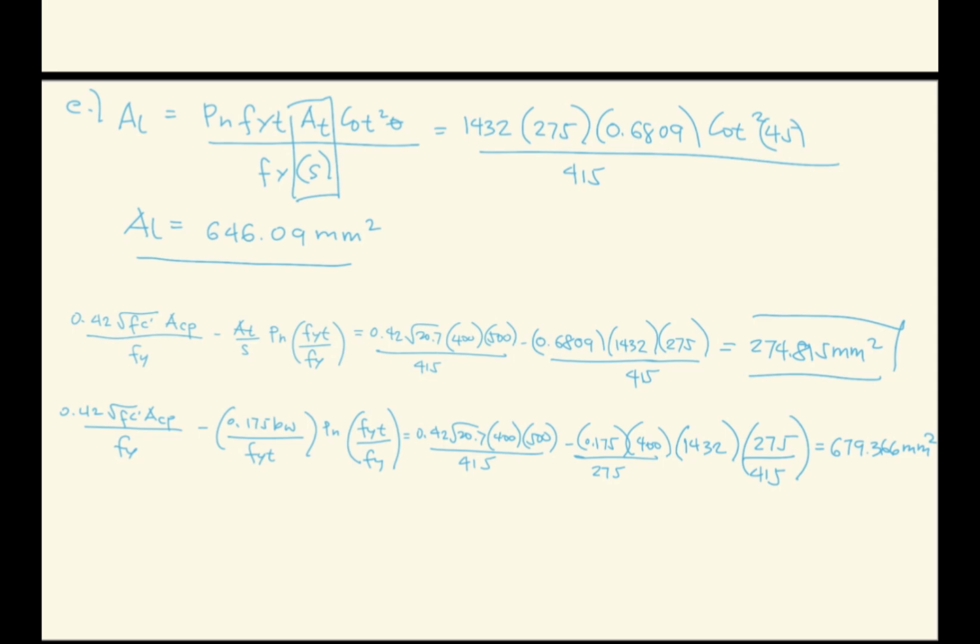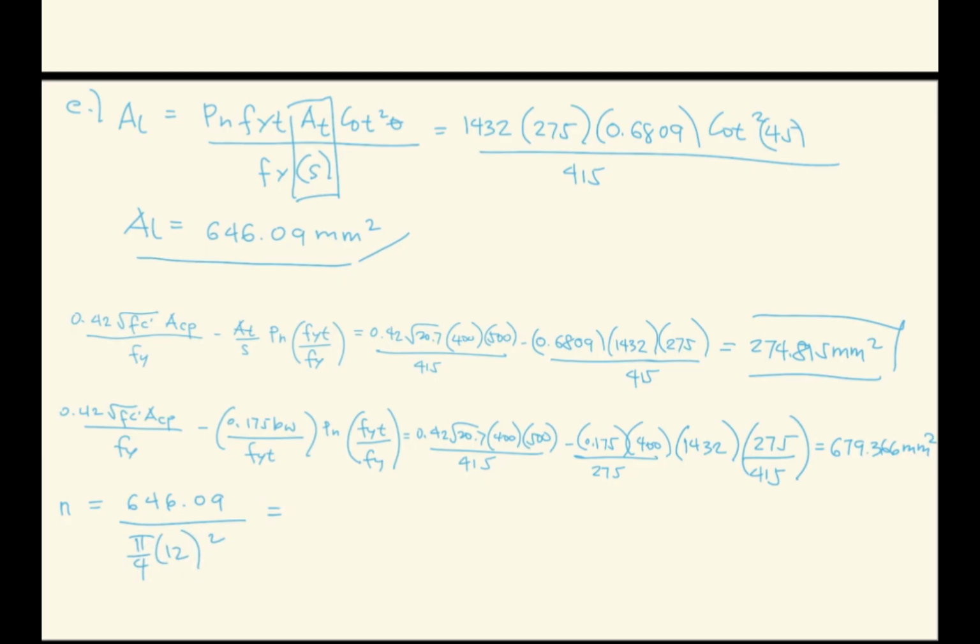And this lesser value will be compared with the earlier determined value of Al, which is 646.09. Hence, the number of additional longitudinal reinforcement to resist torsion would be 646.09 divided by pi over 4 times 12 squared.